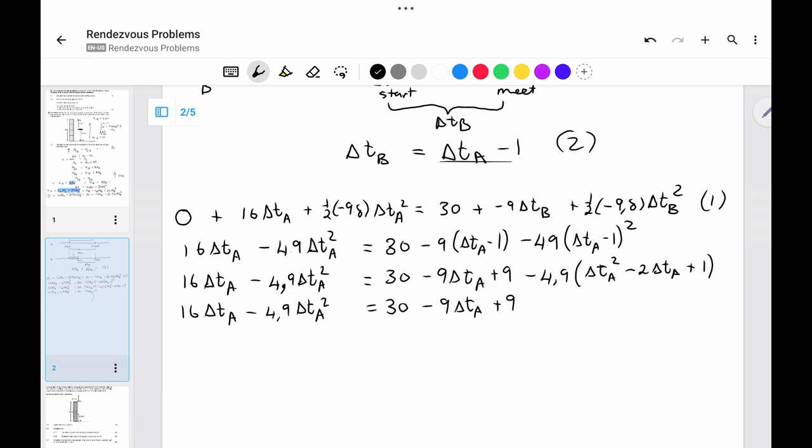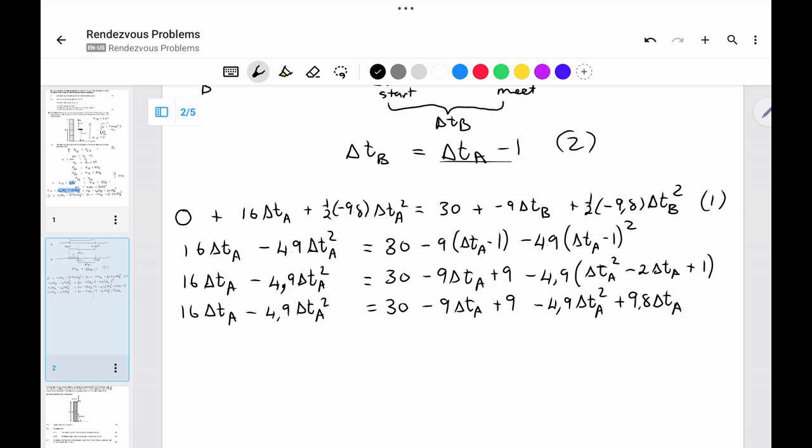Okay, so now minus 4.9, I multiply that into the bracket, I will get the first minus 4.9 delta TA squared. And then now minus 4.9 times minus 2 gives me positive 9.8 delta TA.